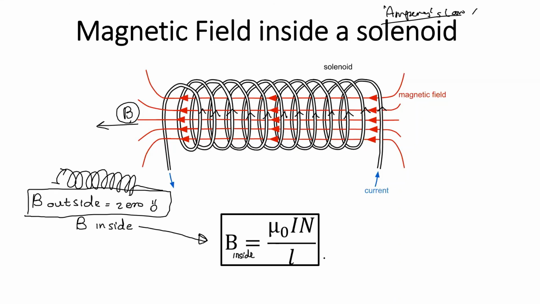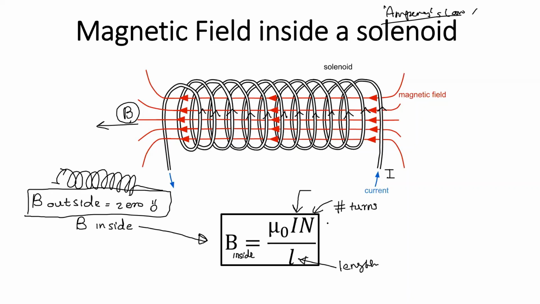So this is a very easy equation. Mu naught is the permeability of free space. I is the current through your solenoid. N is the number of turns, the loops or circles. And L is the length of your solenoid.